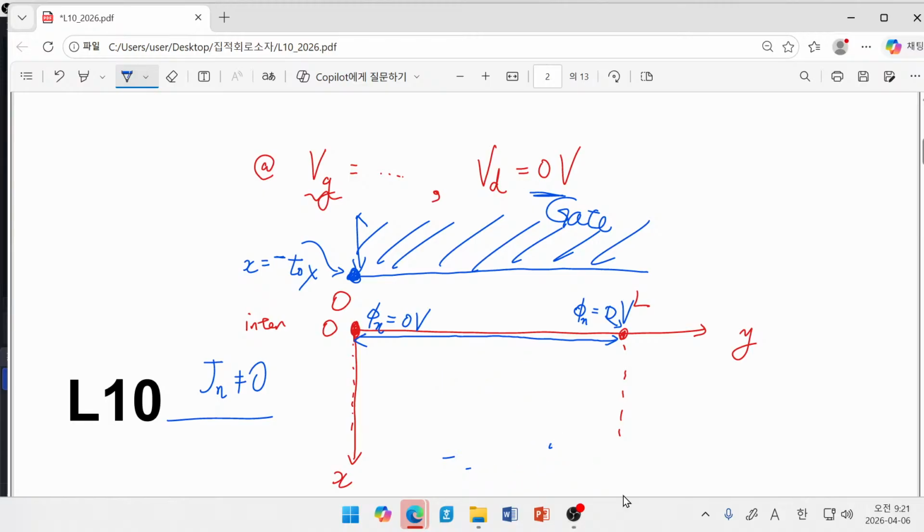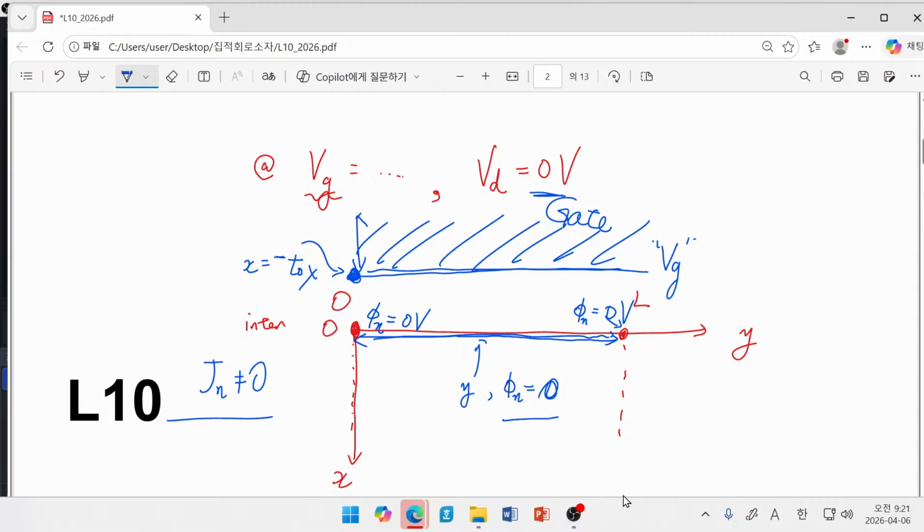If that is the case, then if we pick any y point, our answer is phi n equal to 0. It means that every point is the same in terms of its applied gate terminal. All of them share the same gate voltage, and all of them share the same electron quasi-Fermi potential.